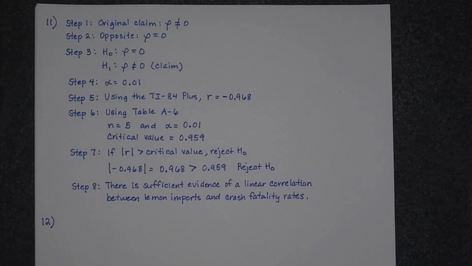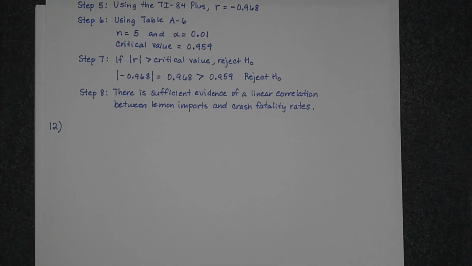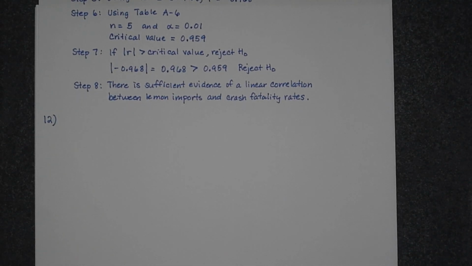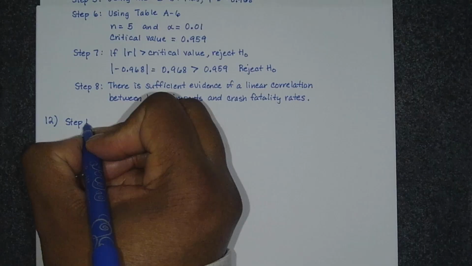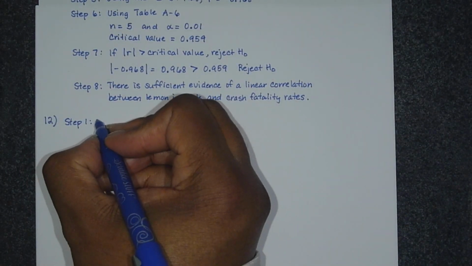So with a one-way ANOVA, we're dealing with 3 or more different population means. So all you have to do there is just the 8-step procedure. And there's not much math that you have to do here.